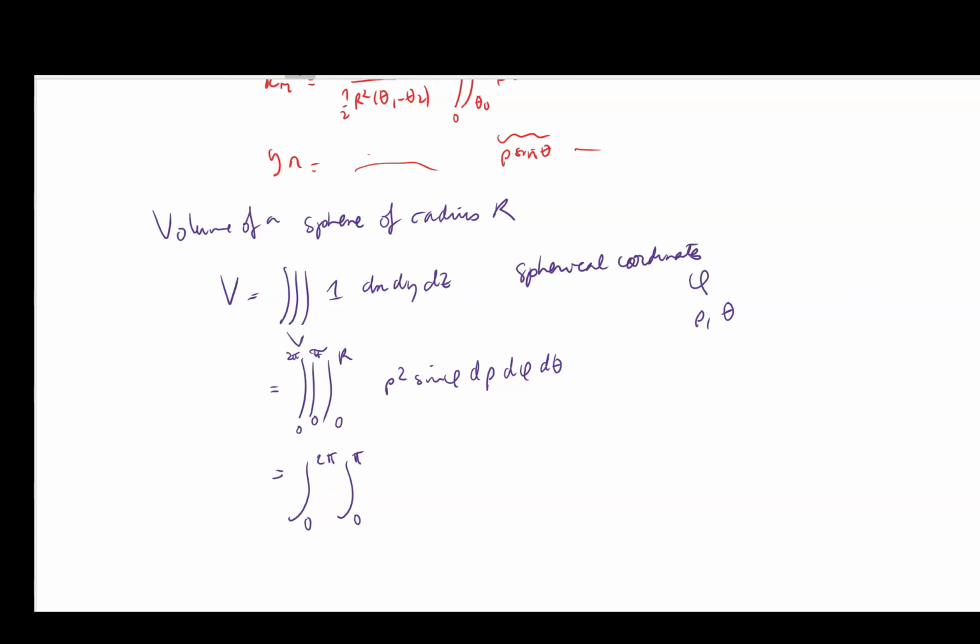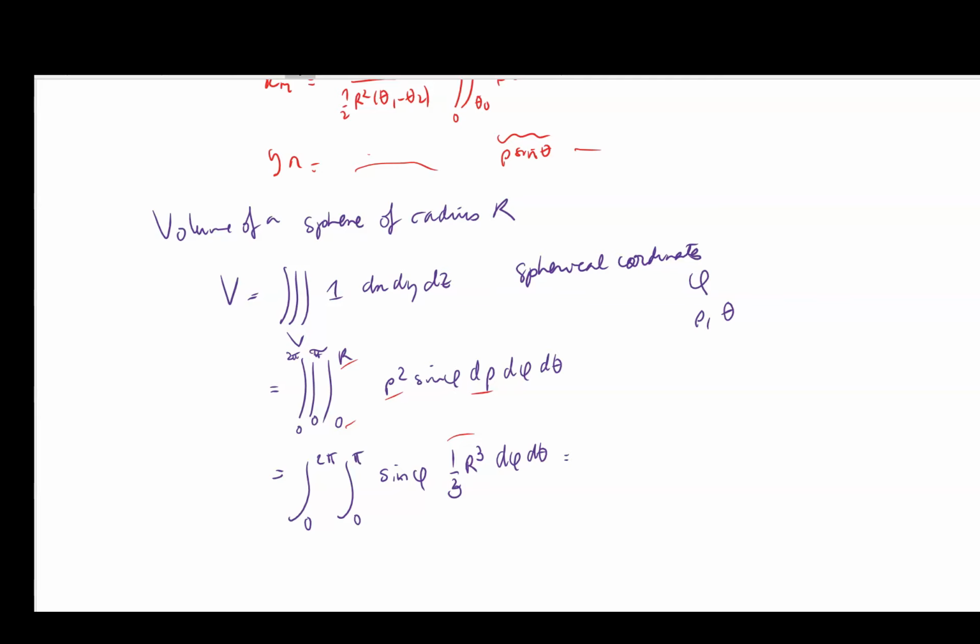I've got sine phi that can go outside, and then I've got r cubed over 3 coming from the integration of rho square d rho from 0 to r. And then I have d phi d theta.